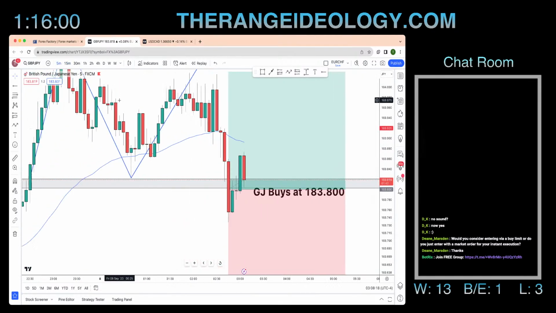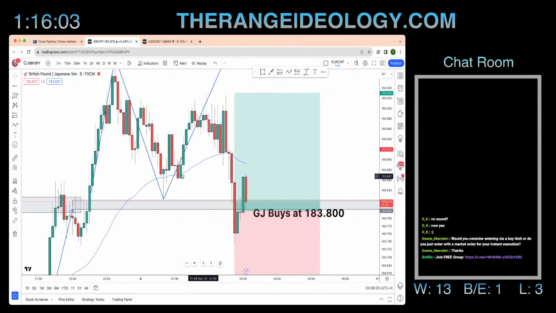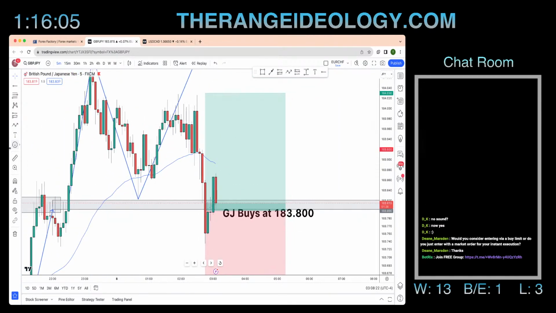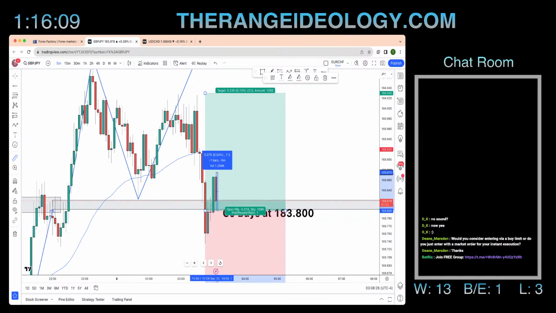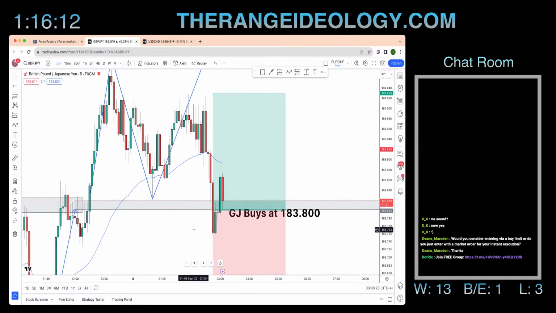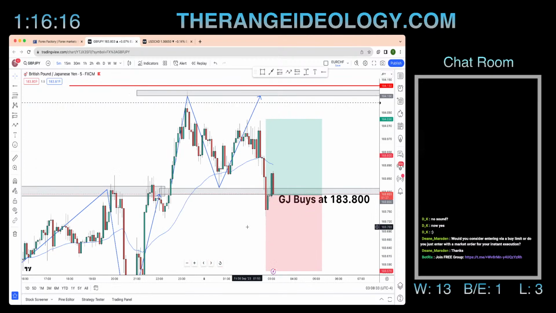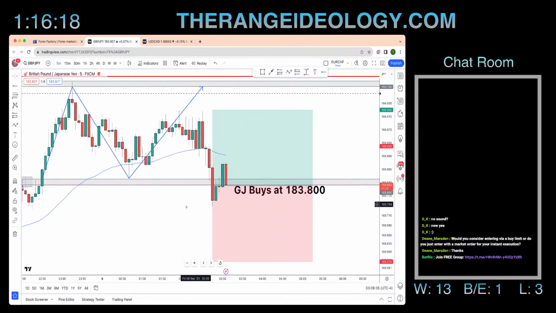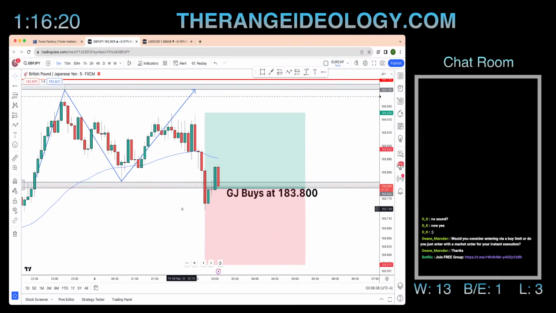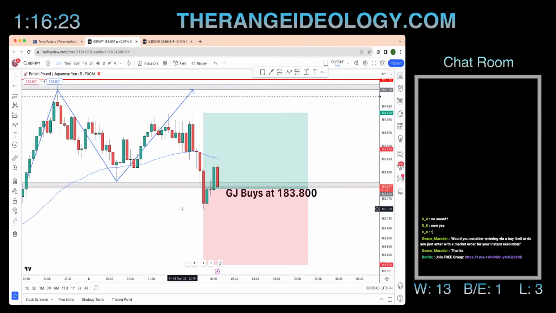But again, let's see how everything closes off here. We've been as much as, what was that, about 7 pips in profit. But certainly not enough for such a move with aligning confluences. So we will just be patient here.